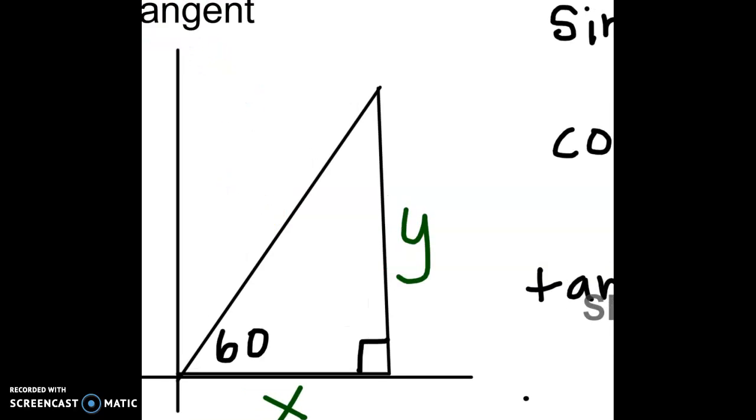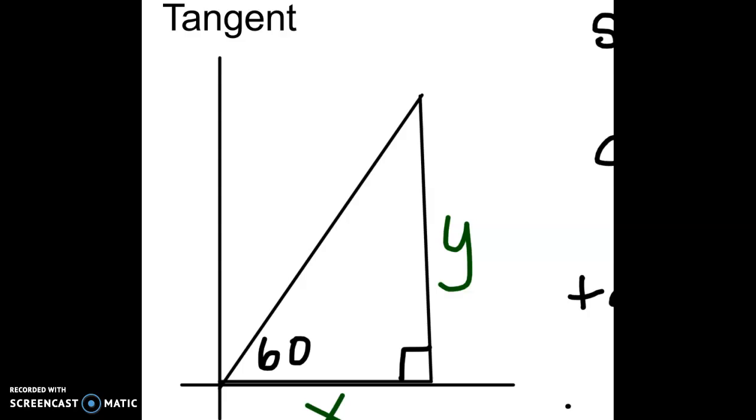Okay, tangent, you just kind of have to think a little bit differently. The tangent of 60 degrees, tangent is opposite over adjacent. So this is the 60-degree triangle, then we think of the lengths. This was 1/2, and this was square root of 3 over 2.